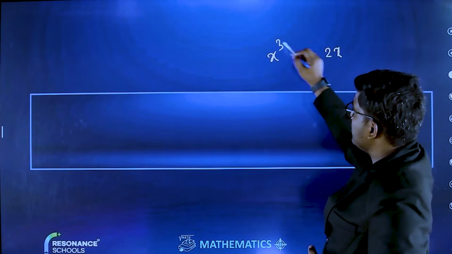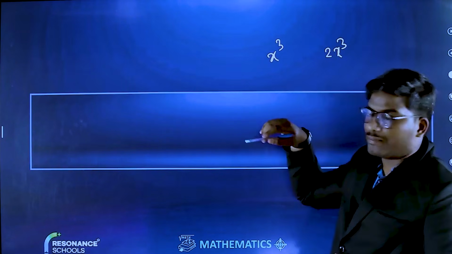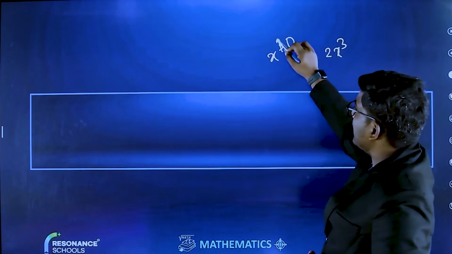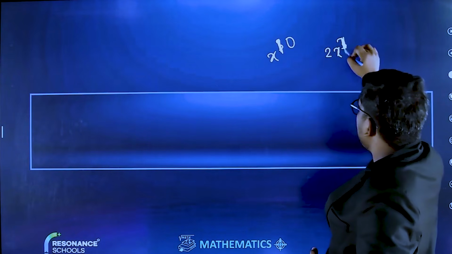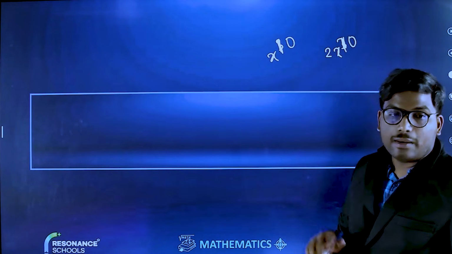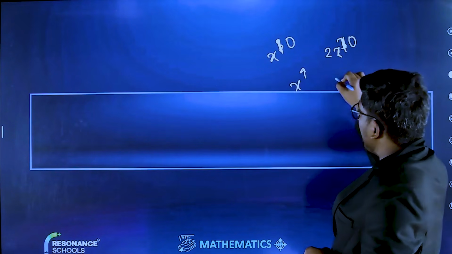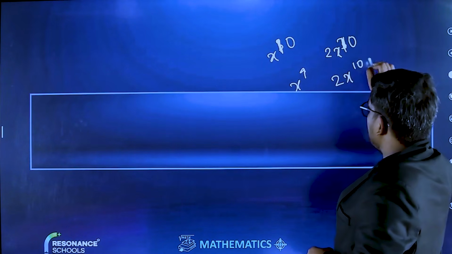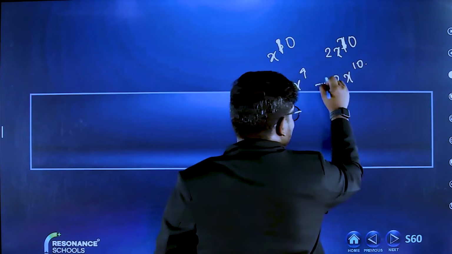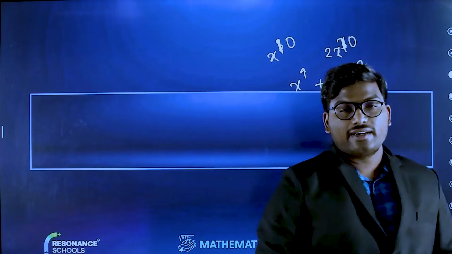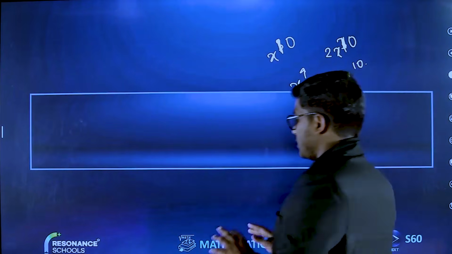I have x cube and 2x cube, I can add them. I have x power 10 and 2x power 10, I can add them. But then I cannot add x power 9 and 2x power 10. They will stay as it is, as the sum of x power 9 and 2x power 10. Is it alright? I hope you're catching up.